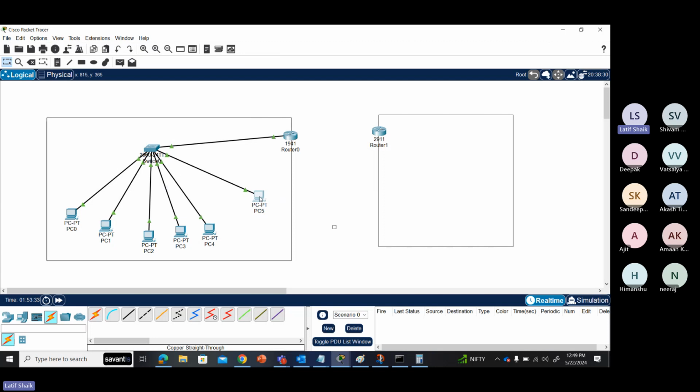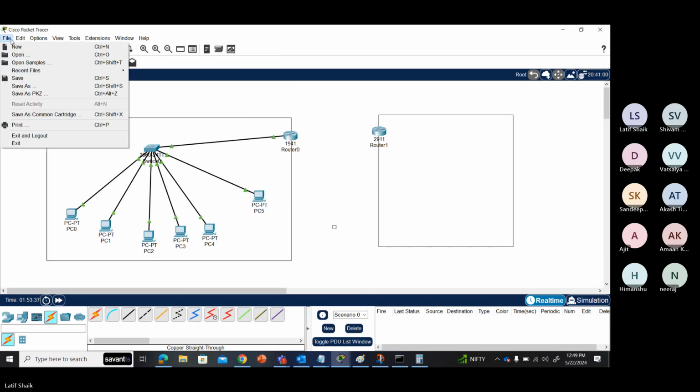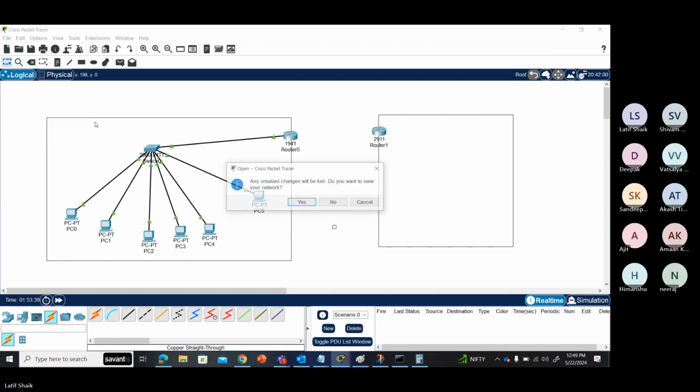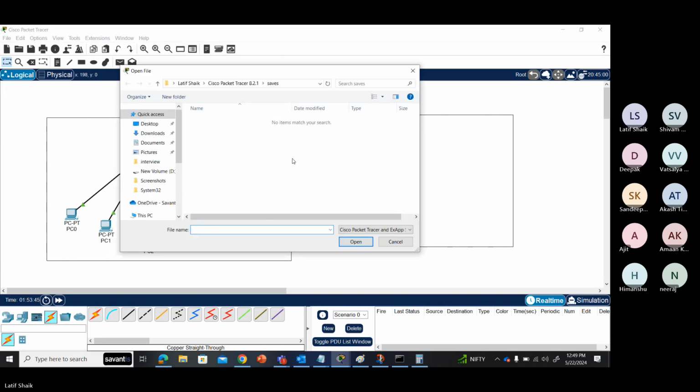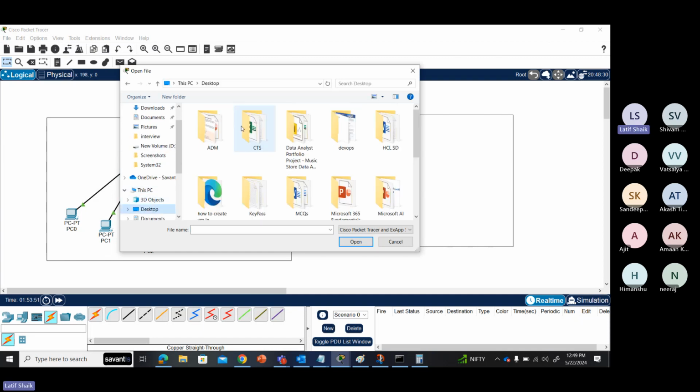There is a lot of configuration and I have the configurations, but there is nothing configured here. Go to the desktop.